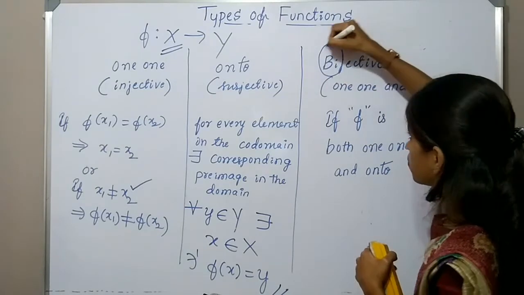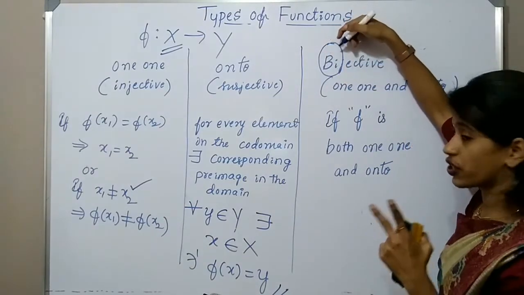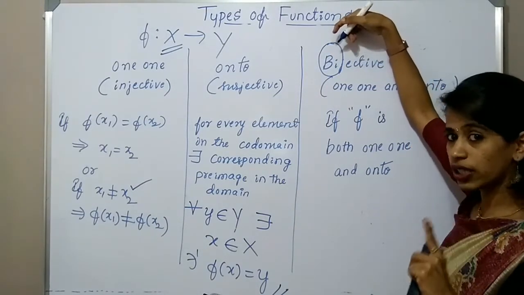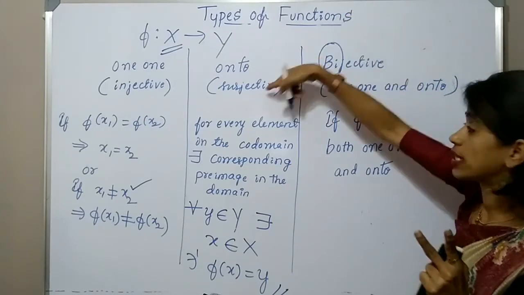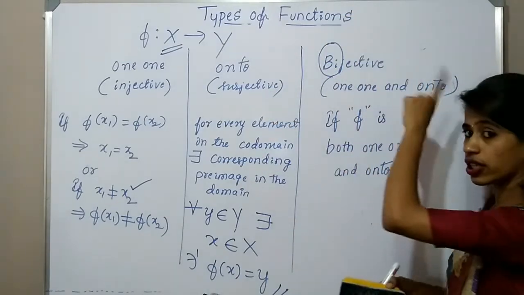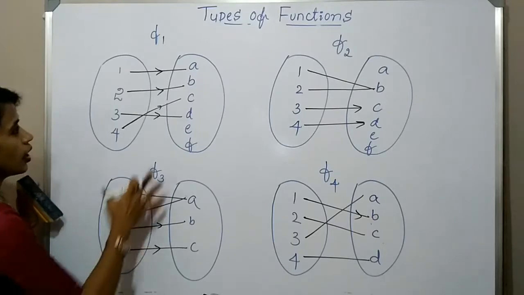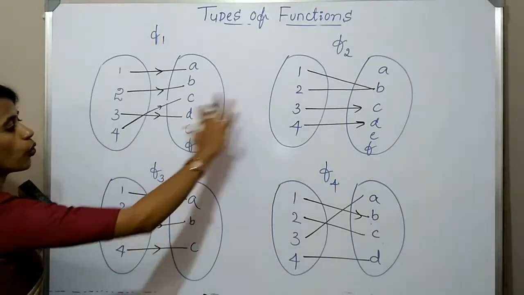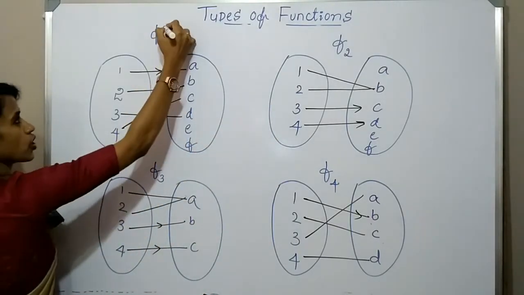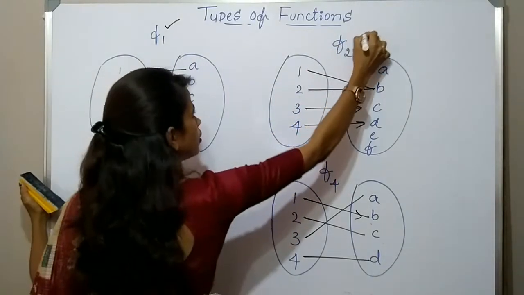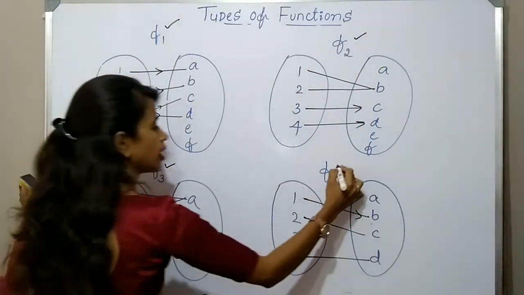Here bi means two. Two conditions are there. That is, one is injective, the other one is what? Surjective. Then it becomes bijective. Is it okay? Here I am taking 4 arrow diagrams or 4 functions, namely f1, f2, f3 and f4.